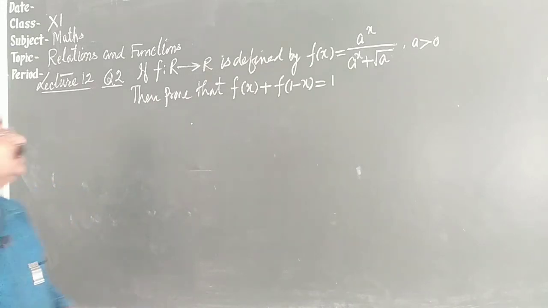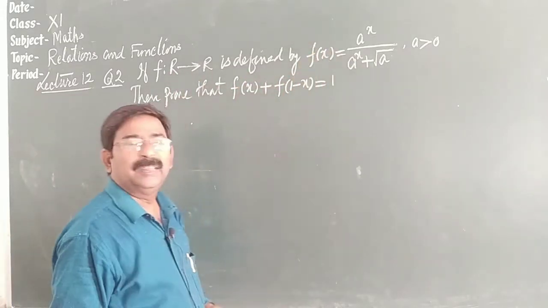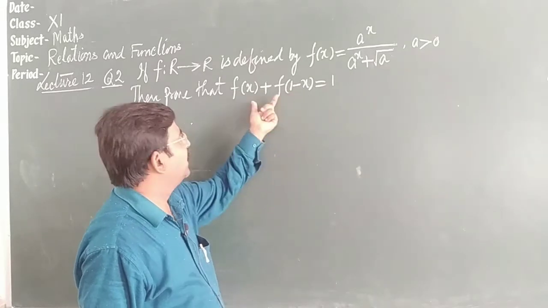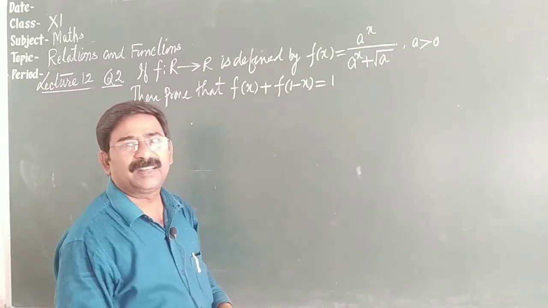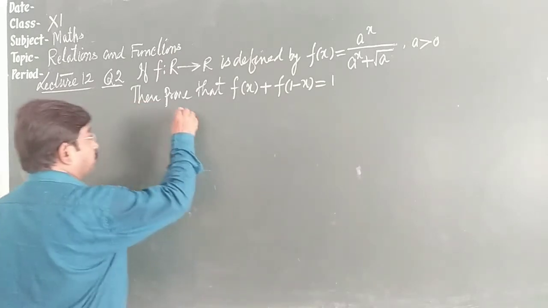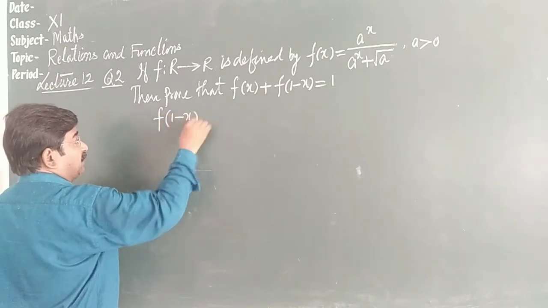Got it? So already we have the value of f(x). If we can find the value of f(1 minus x) and add these two, we can get the result as 1. See, I am going to find f(1 minus x).